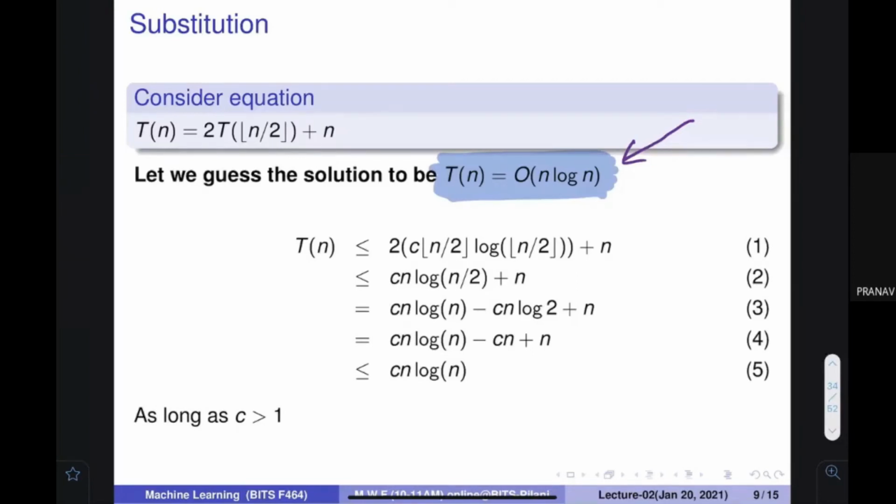We initially guessed this, but we applied it for n by 2, and using n by 2 we have proved that it is true for n. So it's a mathematical induction. Makes sense? One part remains: you also have to show that it is true for the initial condition, and that can be done very easily.